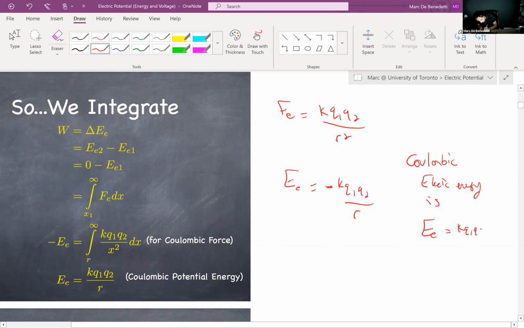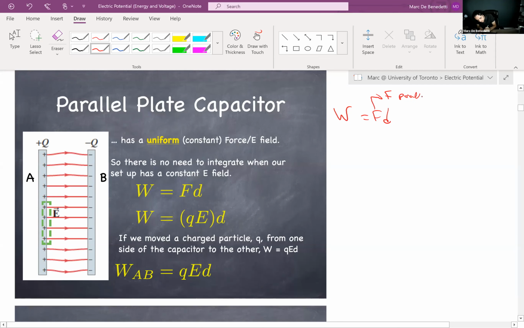However, the second situation we just recently saw was the parallel plate capacitor, which had a constant E field. And a constant E field means a constant force. And if we have a constant force, I suppose you could integrate if you wanted to, but when you integrate a constant, you're just multiplying by x, right? So in this case, work equals F times d, because the force in a parallel plate capacitor is a constant value.